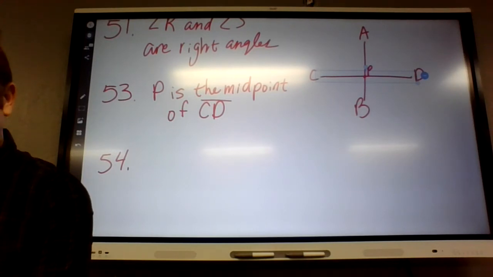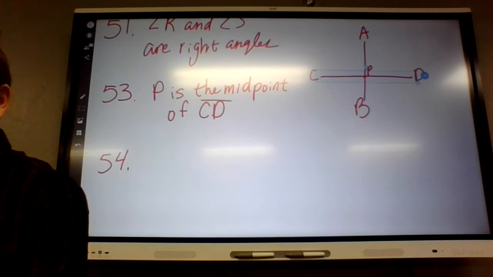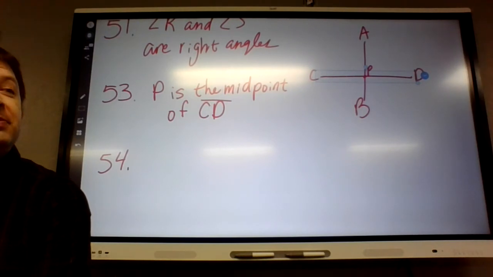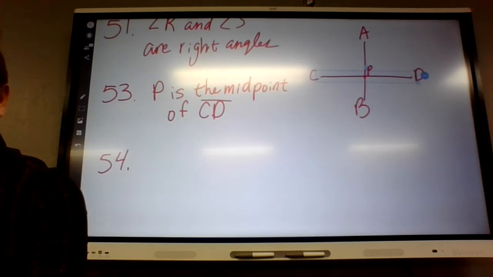Alright, line 2, why do we know angle 1 is congruent to angle 4 and angle 5 is congruent to angle 7? Really? Nobody knew? What is it? How do we know that angle 1 is congruent to angle 4?